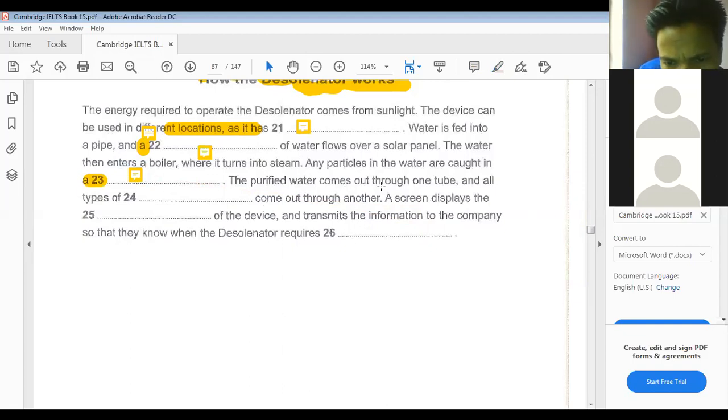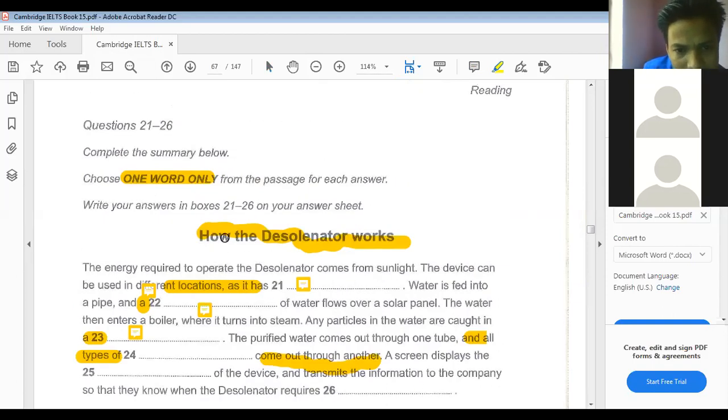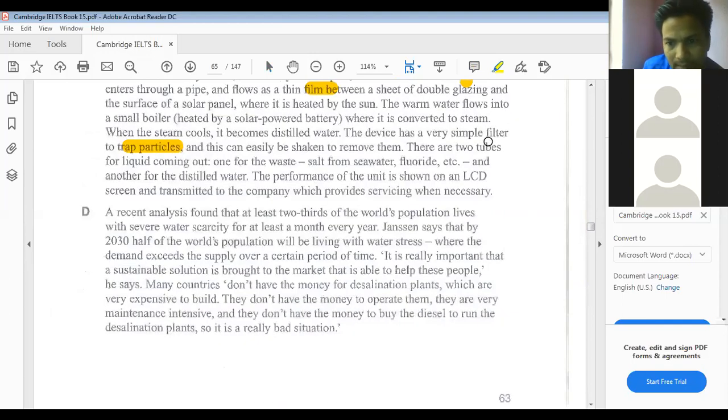The purified water comes out through one tube and all types of... come out through another. Keep reading here. After the filter, it can then be taken easily. There are two tubes for liquid coming out, one for the liquid, another for waste, such as salt from seawater.